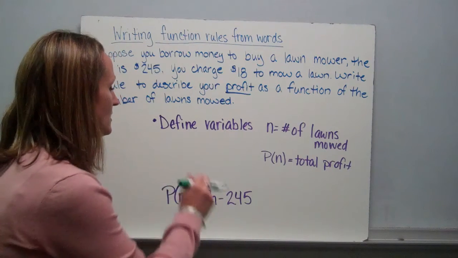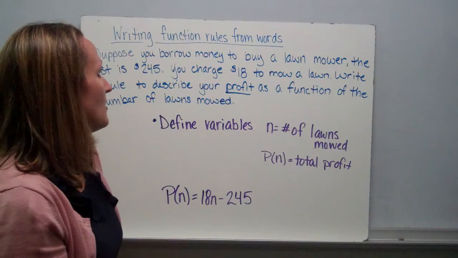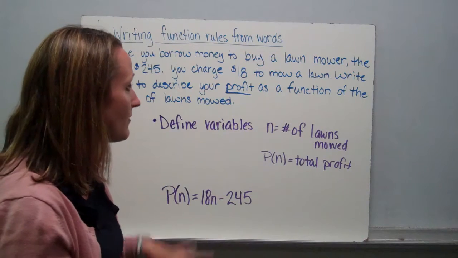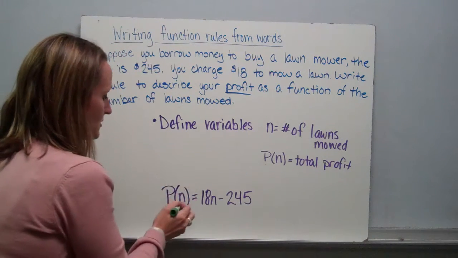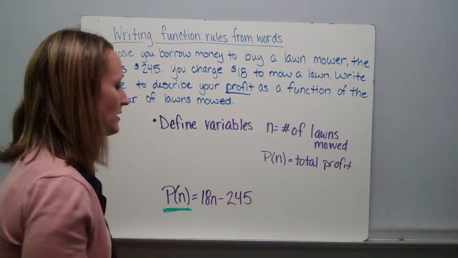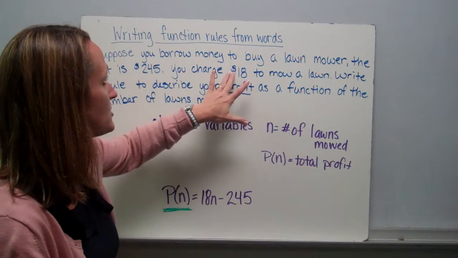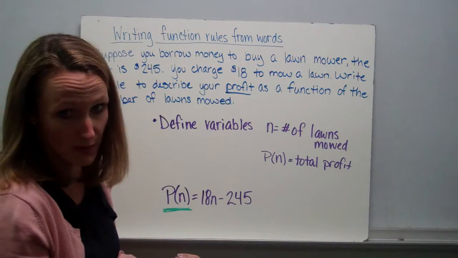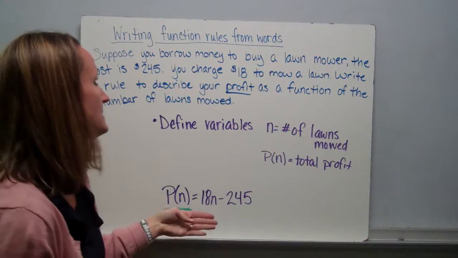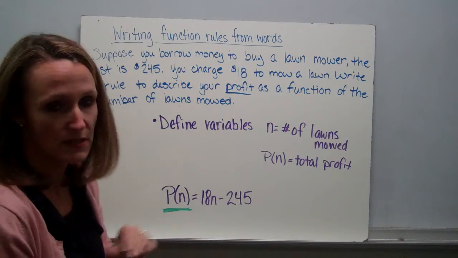So since the profit is a function of the number of lawns we mowed, we know our P of n goes over here, or our y. So now we're going to do 18 times the number of lawns mowed minus, we have to take out the cost of the lawnmower.